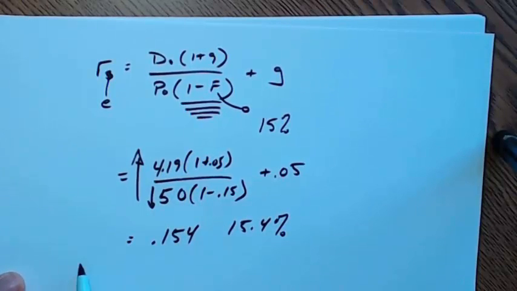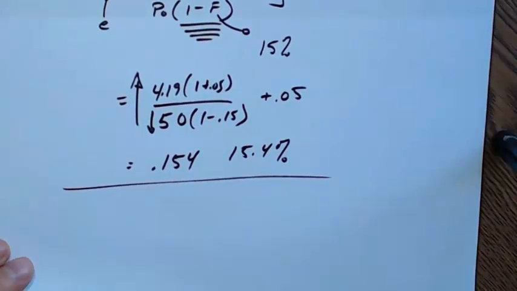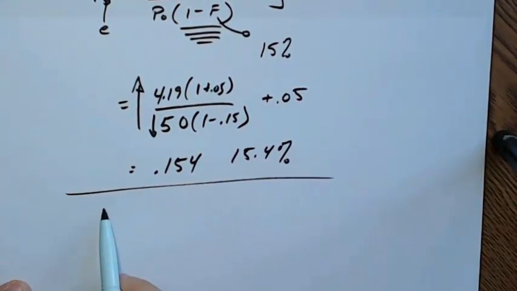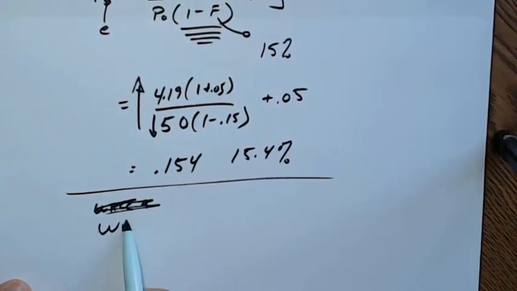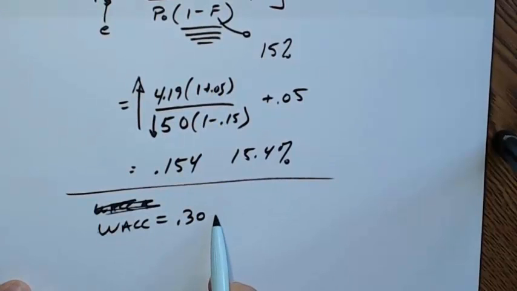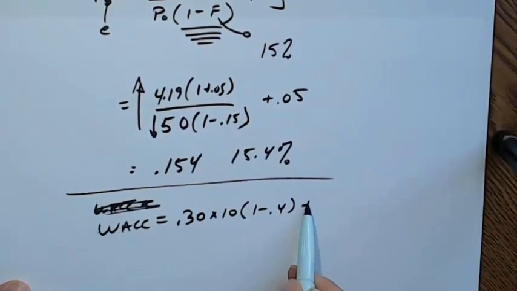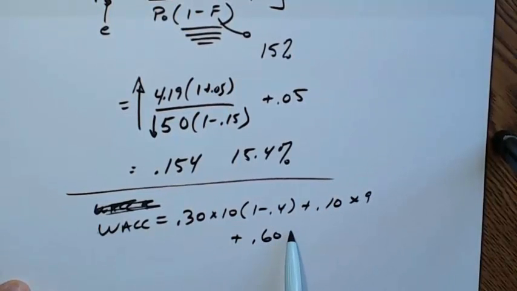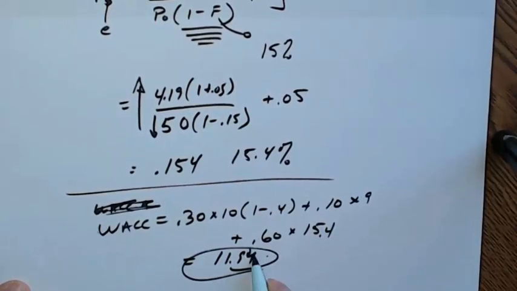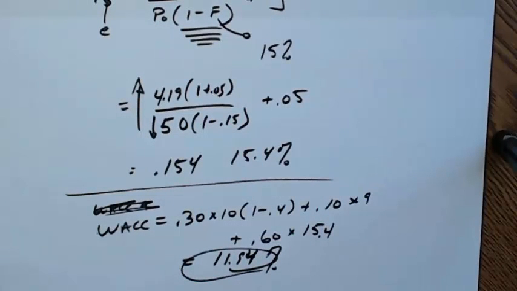And the new weighted average cost of capital under that scenario, right? The new weighted average cost of capital would equal 11.94%. 11.94% versus what we had estimated a little while ago to be 11.1%.